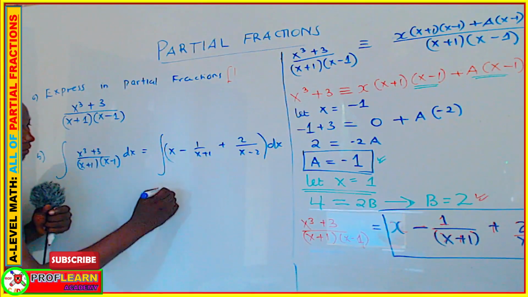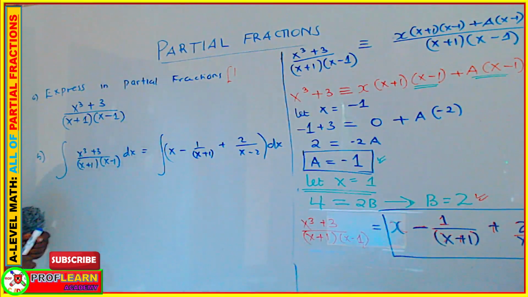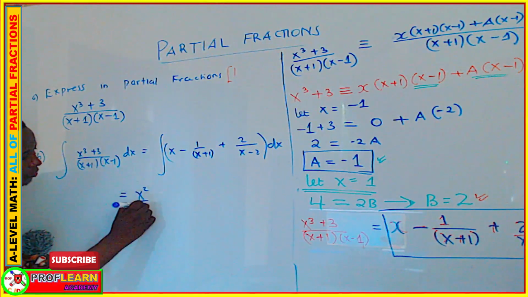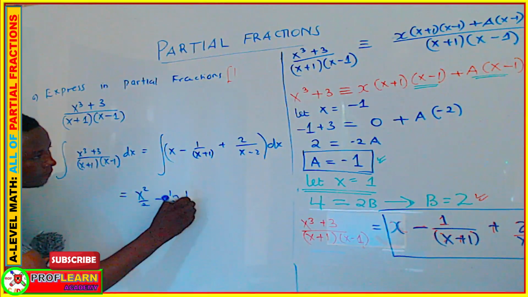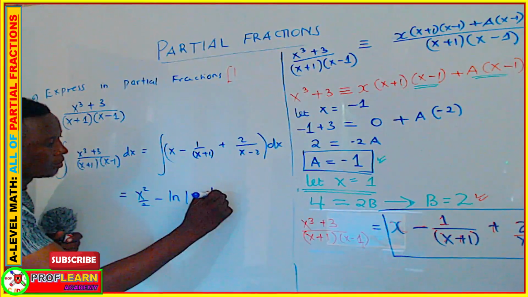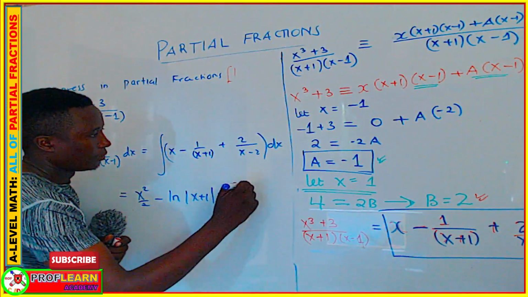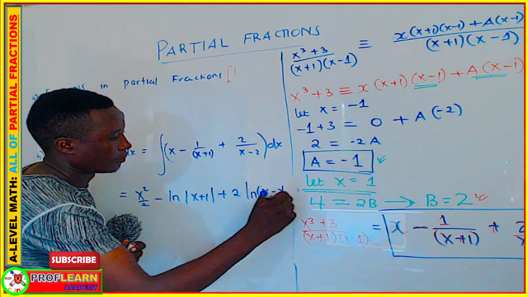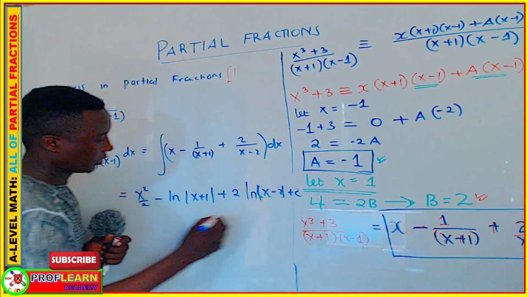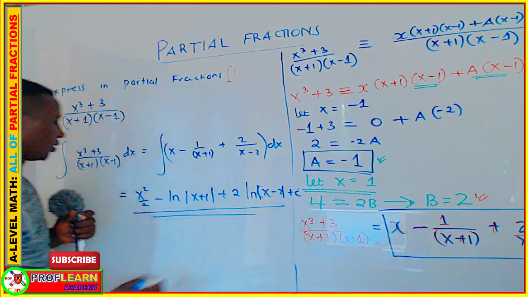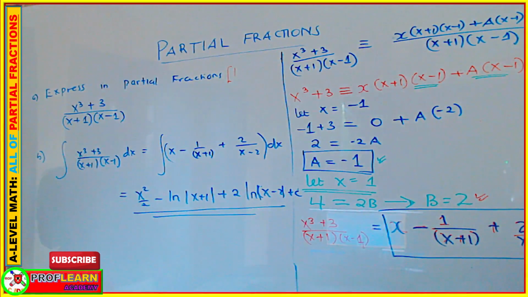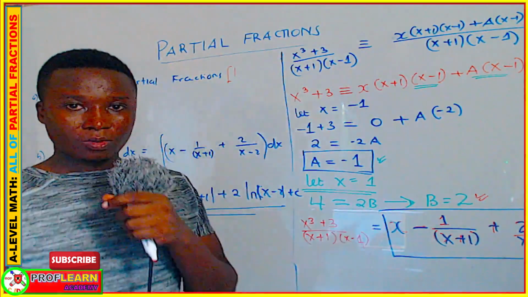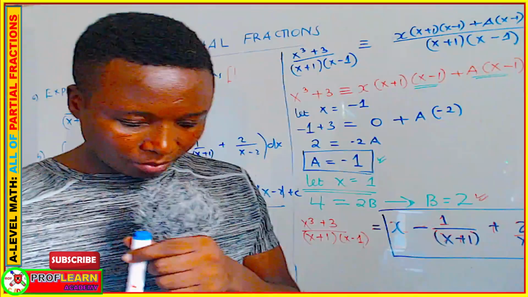If you integrate the x part, the answer becomes x squared over 2, minus ln|x plus 1|, plus 2 ln|x minus 1|, plus c. This is an indefinite integral, but if you are given the limits, you would substitute them.